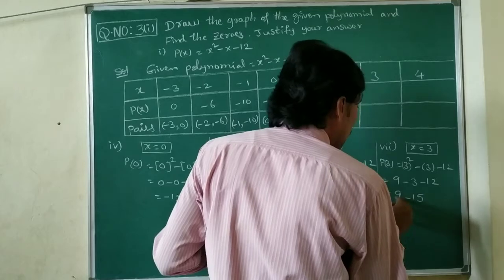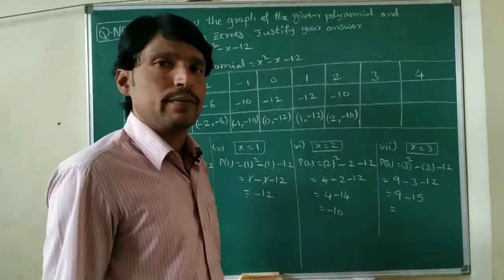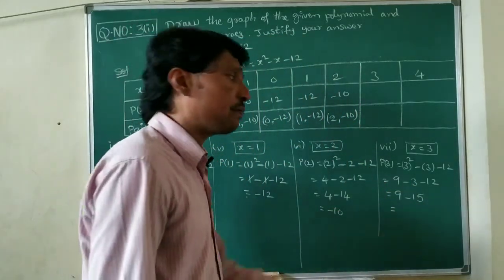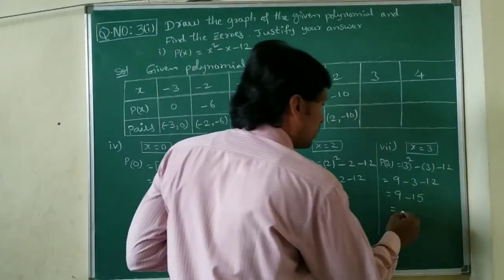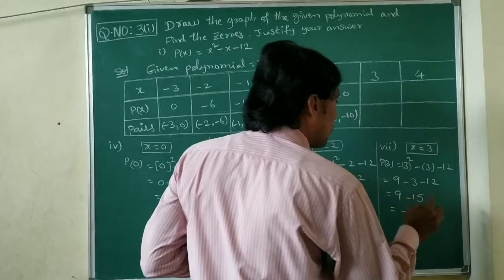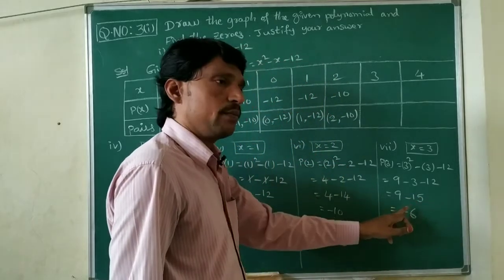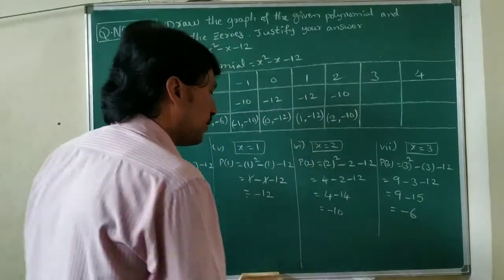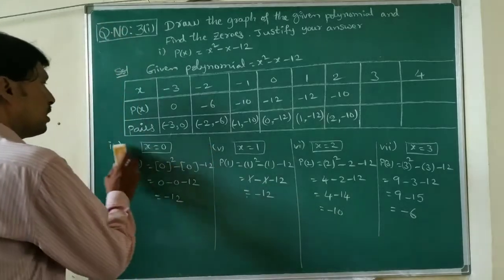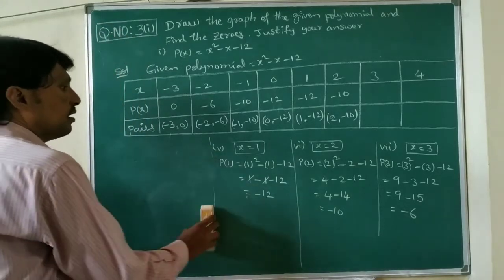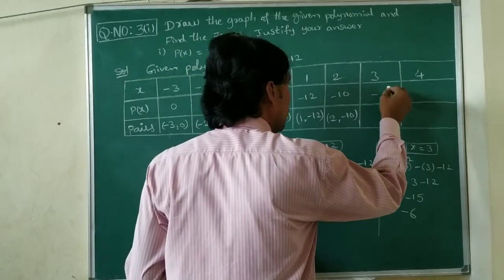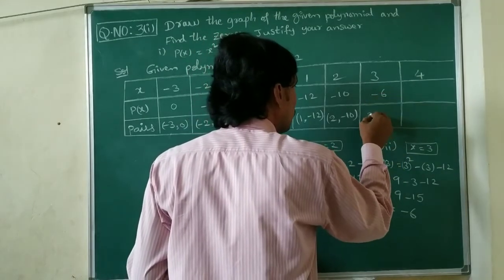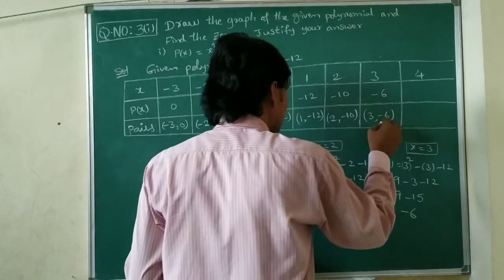Now 9 is plus, 15 is minus, one plus and one minus, so we need to subtract. 15 minus 9 gives 6. We need to write the sign of the bigger number. 15 is the bigger number, and its sign is minus, so we take minus 6. Now you can write the pair here: x equal to 3 gives minus 6, so 3 comma minus 6.